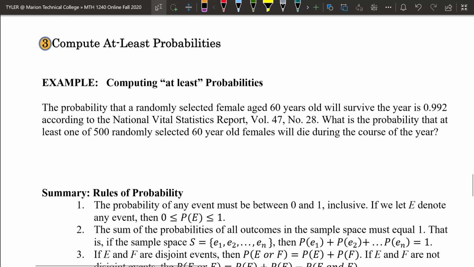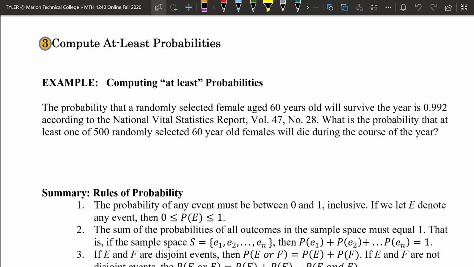So then the next problem here: we still have that the probability that a randomly selected female aged 60 years old will survive the year is 0.992. We're asked what's the probability that at least one of 50 randomly selected 60-year-old females will die during the course of a year.